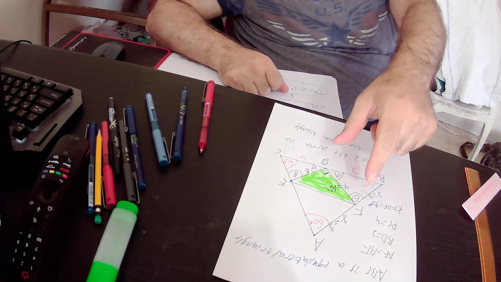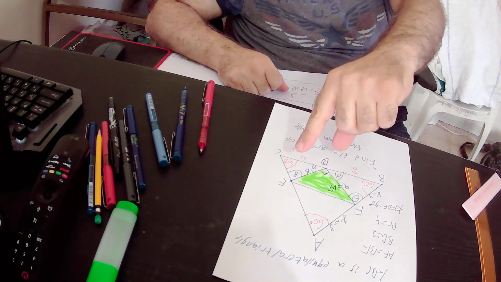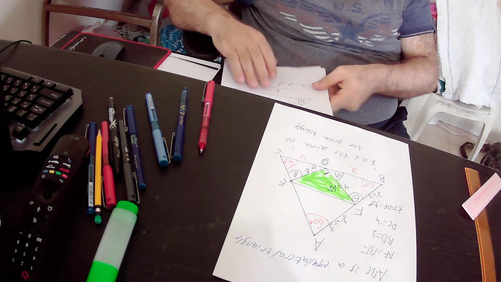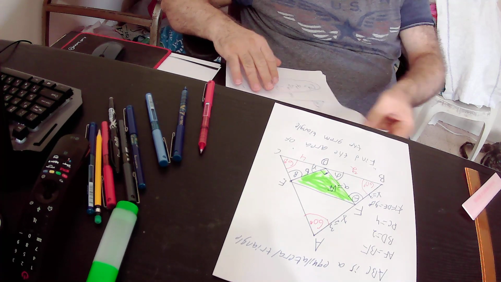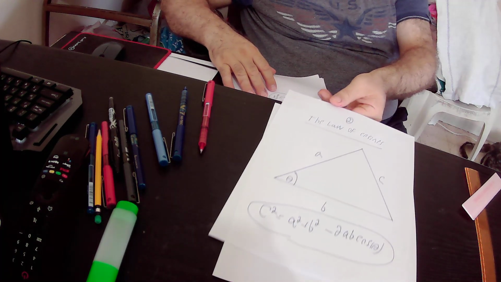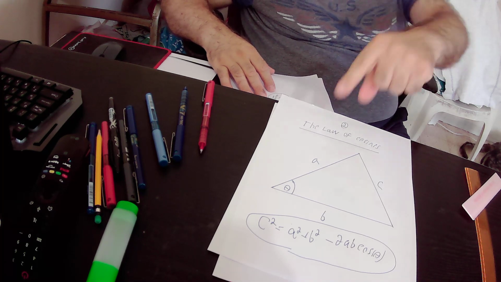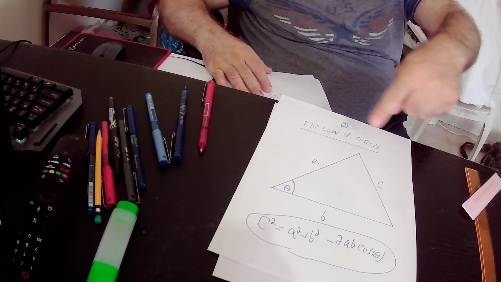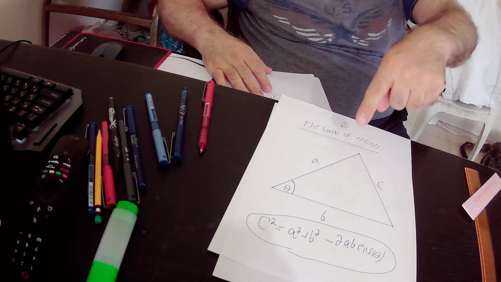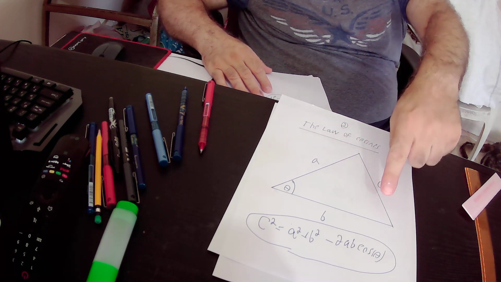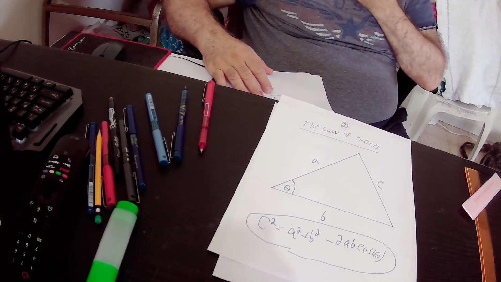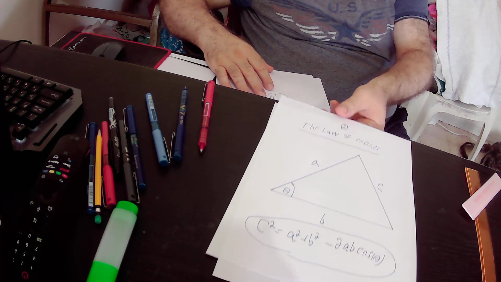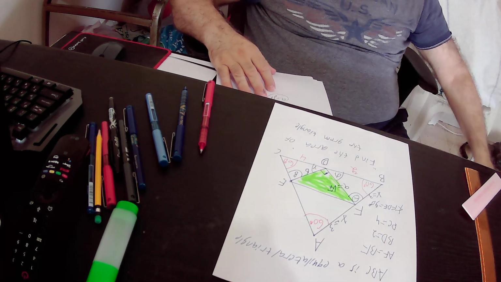We defined FD as A and ED as B. The law of cosines states that in any triangle, if this is side A, this is side C, and this is side B, then C squared equals A squared plus B squared minus 2 times AB cosine theta. So we implemented the law of cosines in triangle BFD.